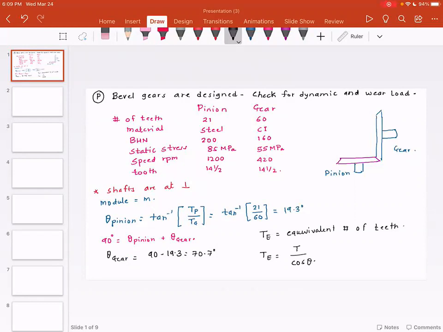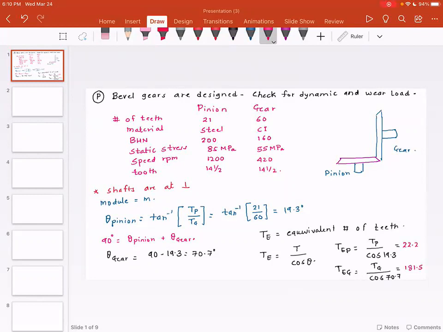So the equivalent number of teeth on pinion, I'm going to call TEP, is number of teeth on pinion divided by cosine of 19.3. TEG is equal to TG divided by cosine 70.7, and with this we should get 22.2 and 181.5.